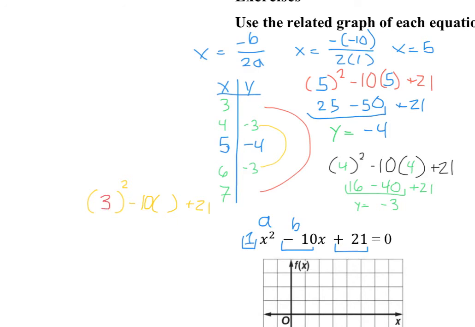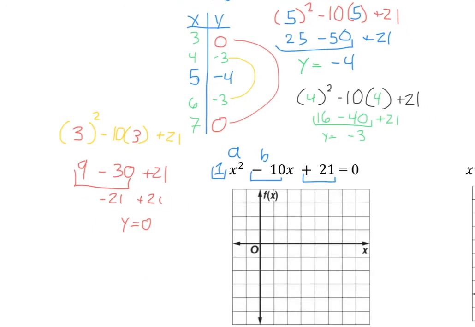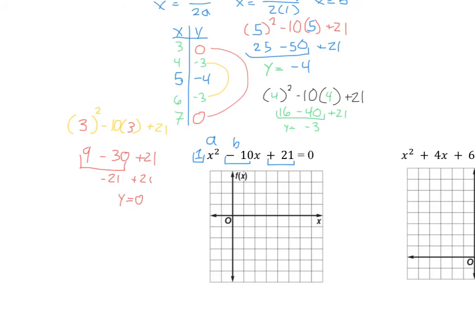And I'm going to substitute in the 3. So we get 9 minus 30 plus 21. That gives me a negative 21. Negative 21 plus 21 gives me the 0 that we were looking for. So now, when we go to graph this, we now know where our x-intercepts will be.